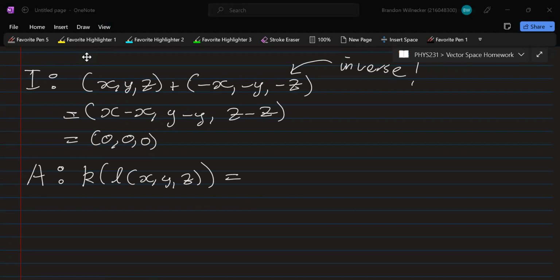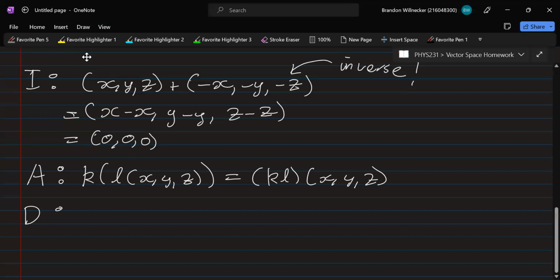Then we know that the real numbers are associative, so we can group the k and L together. So this becomes KL times x, y, z. Okay, so that's just using the scalar multiplication operation and the associativity of the underlying field.